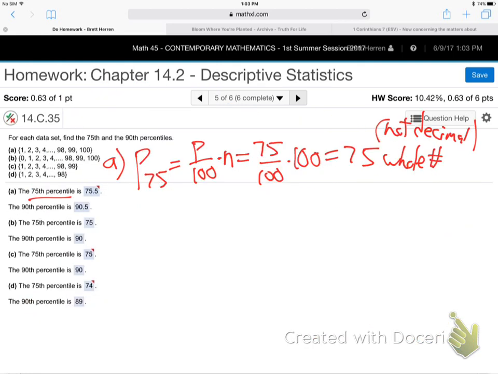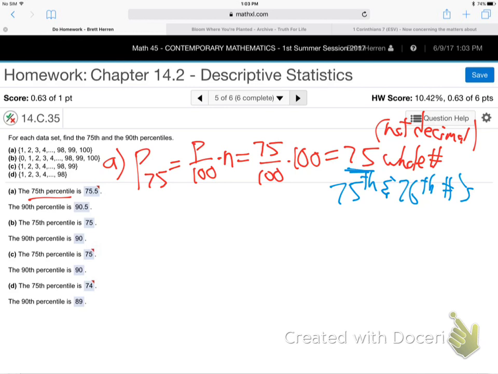So I need to take the 75th and 76th numbers and average them. You get that? Because this came out a whole number. It was not a decimal. If it had been 74.1, I would have just rounded up to 75 and grabbed the 75th number. But if it comes out a whole number, it's still a locator.